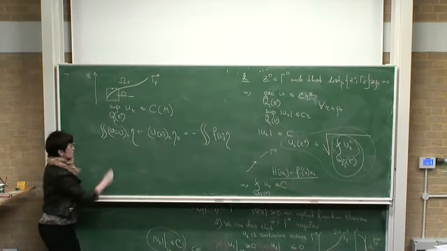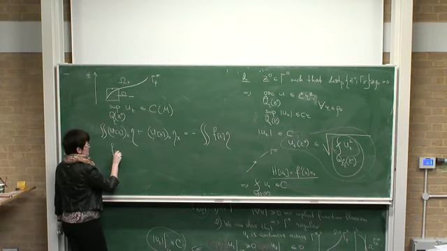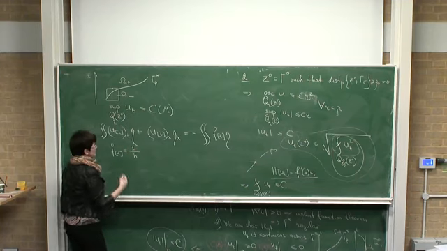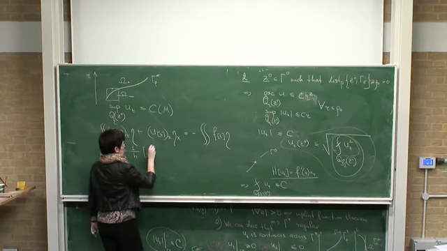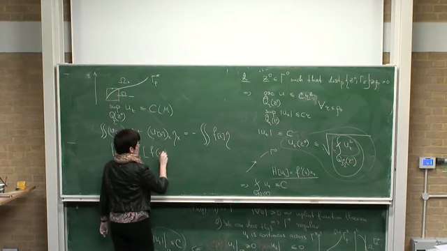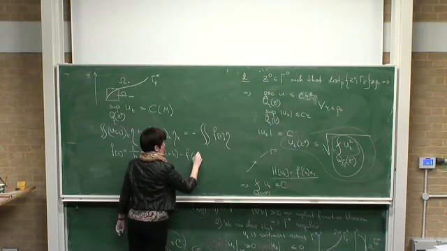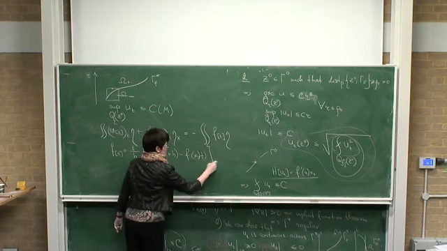And let's see how we define this difference quotient. This is a difference quotient with respect to time, so this means that it depends on x and t.